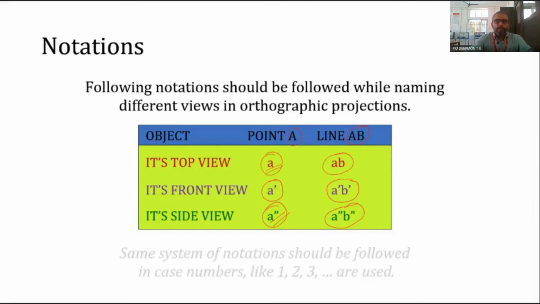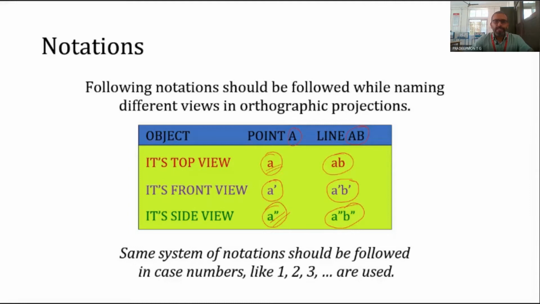So the same system of notations should be followed in case we use numbers. But in case of numbers, if the point is 1, we don't have a small 1. So we always use it as 1 and 1 dash itself in the case of top view and front view, and its side view will be 1 double dash. So the point can be named using alphabets or it can be numerals.